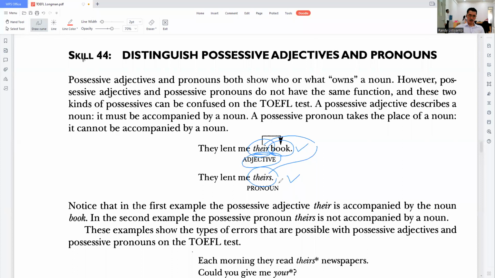And if there is no noun following the pronoun, we call it a possessive pronoun. Remember, you use a noun if you write down a possessive adjective, and you don't need to put a noun after a possessive pronoun. Okay. Well, let's continue.